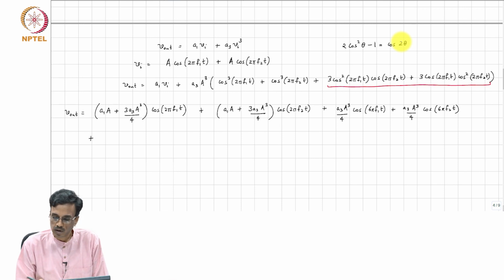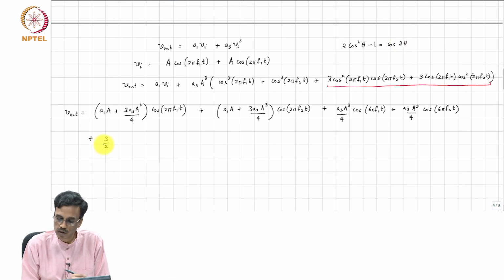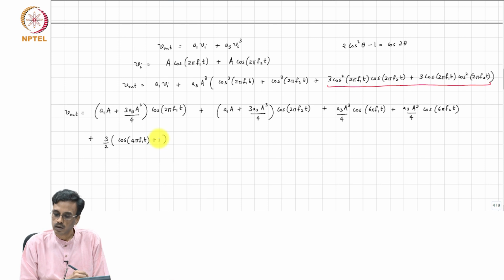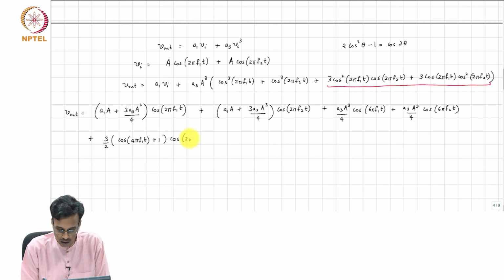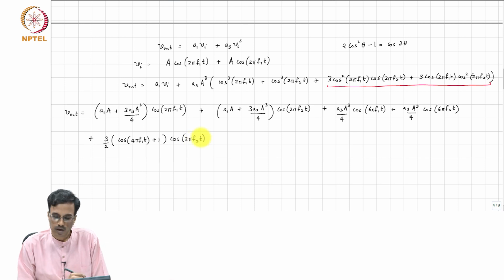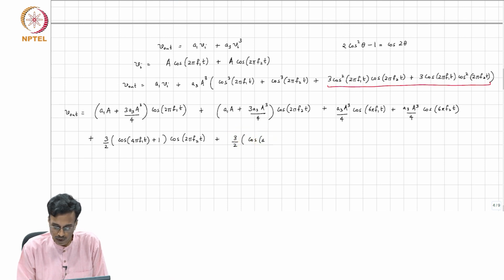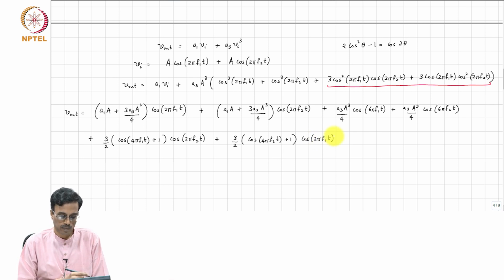So, you basically have 3 by 2 times cos square 2 pi f1 t, which is nothing but cos 4 pi f1 t plus 1, into cos 2 pi f2 t, plus of course the other term where we interchange f1 and f2, cos 4 pi f2 t plus 1 times cos 2 pi f1 t.